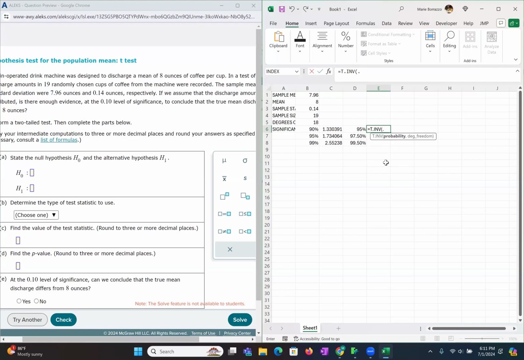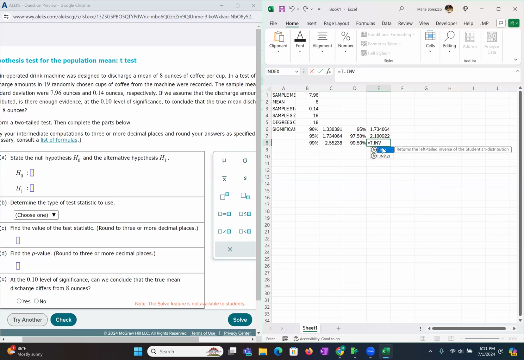We're going to say 0.95 here, comma, and degrees of freedom 18. And we're going to say equals t inverse. Again, this is going to be 0.975, comma, degrees of freedom 18.